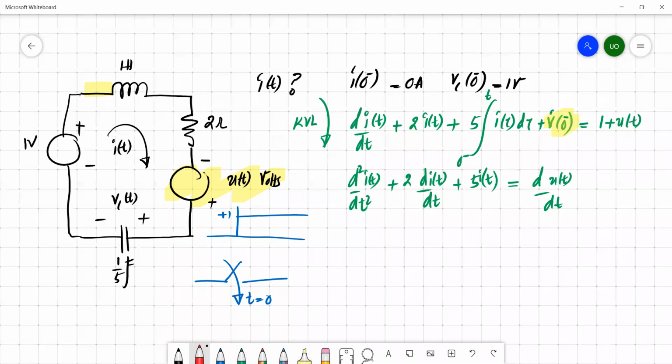From this initial condition this is equal to 1 volt, so this one and this one simply cancel out. So in general, this would be the differential equation you get at the end.